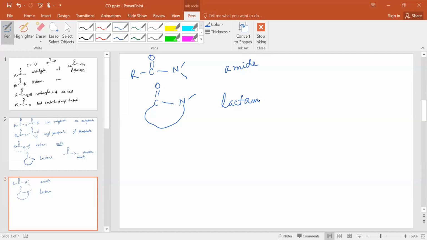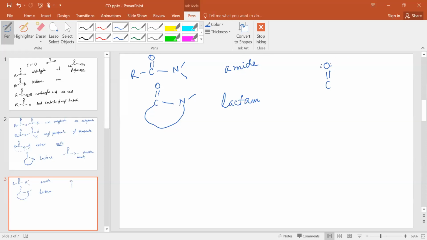Now let's talk about the nature of the carbonyl compound. See, there is a carbonyl functional group here, just say carbon here.